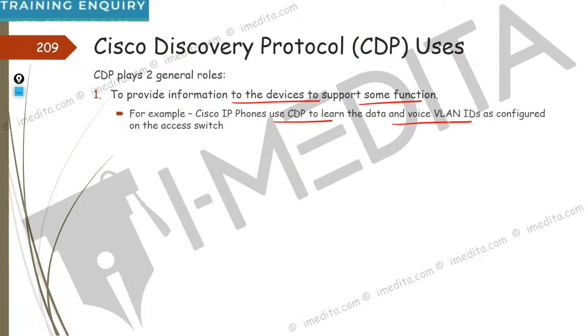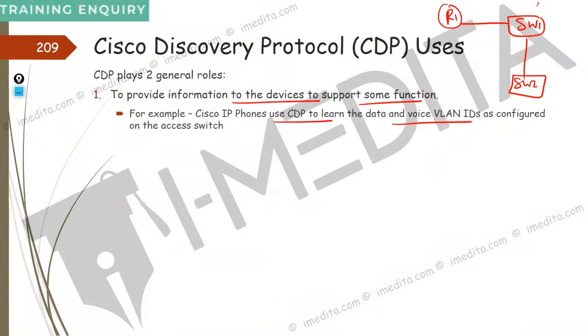The second function that we have is related to device management. Like I was telling you, let's say switch 1 has connectivity with switch 2, or maybe another router R1, then switch 1 can detect that there is R1 connected on FastEthernet, whichever interface.